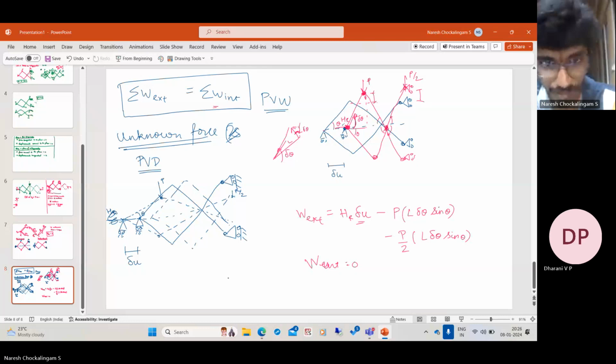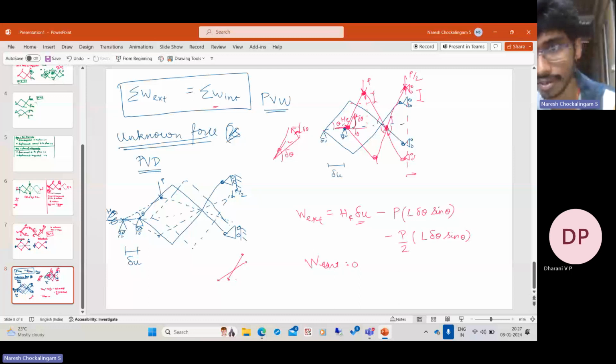So how much is this movement? If this rotates by delta theta, and considering this as the point of zero translation, here the displacement is zero.